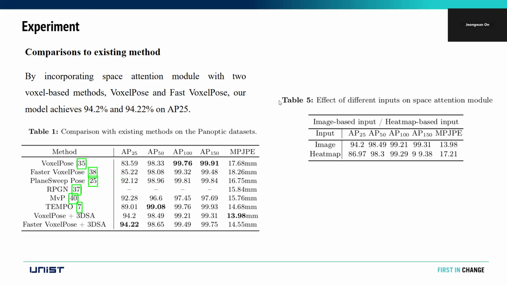And this is the effectiveness of the attention space module by using different inputs. They have an image as the input and the heat maps as the input.